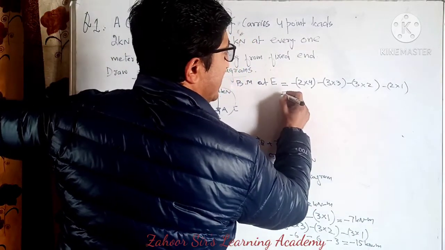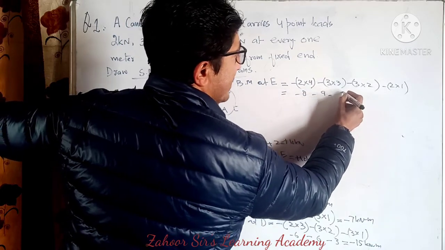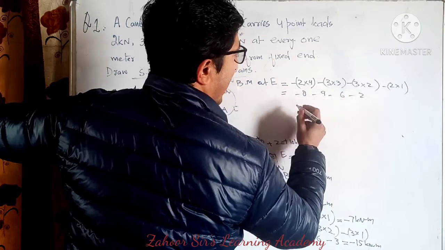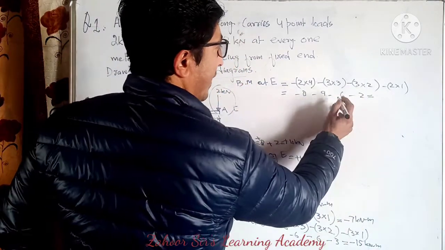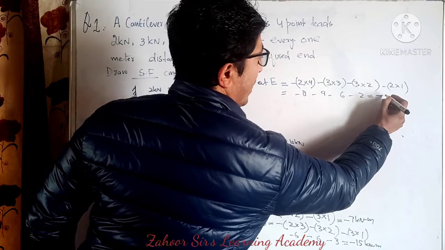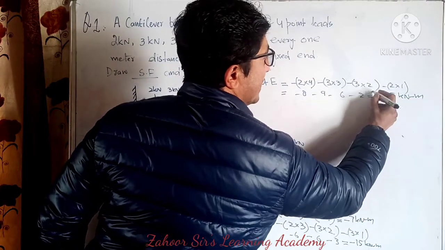And how much is that? That is 8 minus 9, minus 6, minus 2. And how much becomes that? It is minus 25 kilonewton-meter.